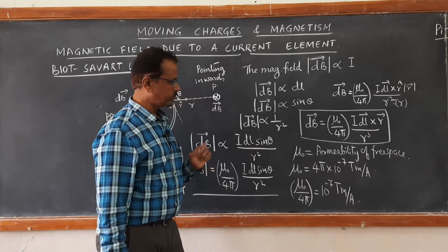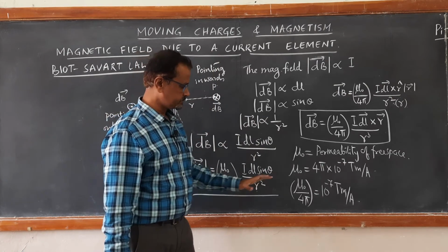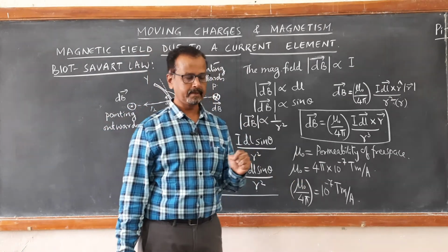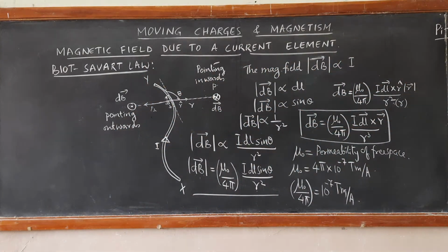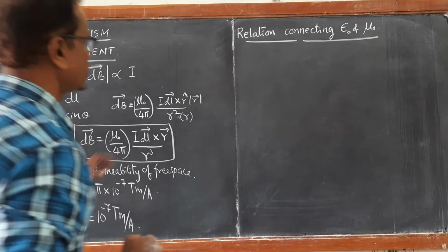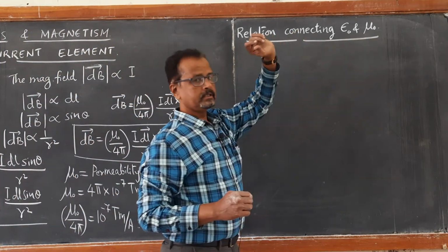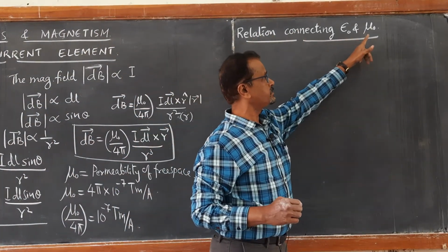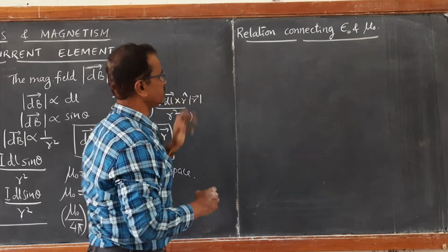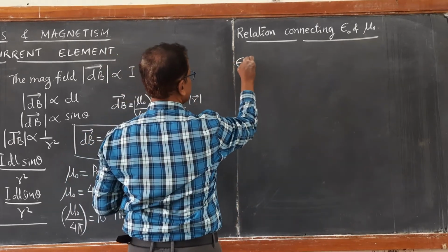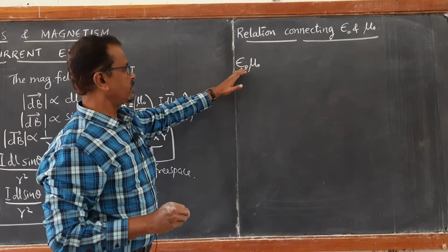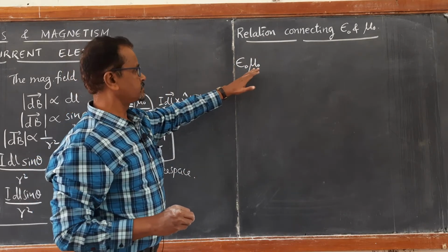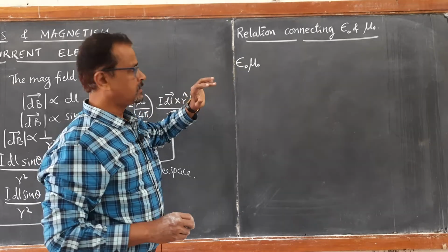Now we get one interesting relation between permeability and permittivity. Just look at how one can relate the permittivity of free space with the permeability of free space. Let us take the product of these, epsilon naught into mu naught. We know the values of permittivity of free space as well as permeability of free space.